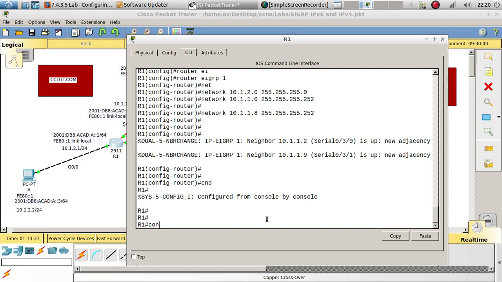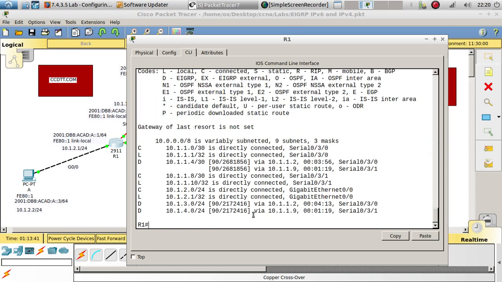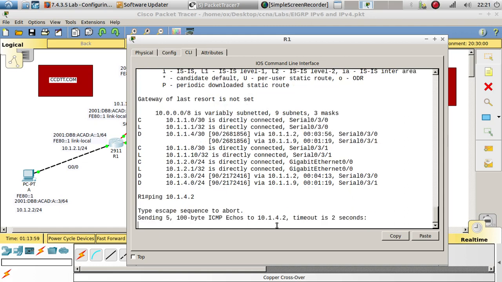Config. Now let's do a show IP route. And we do have a route. Let me see. We have 3 routes. So we have one to this network. Let's do a ping 10.1.4.2, and it looks like we're not able to ping that computer.